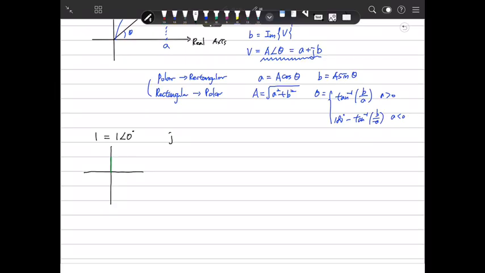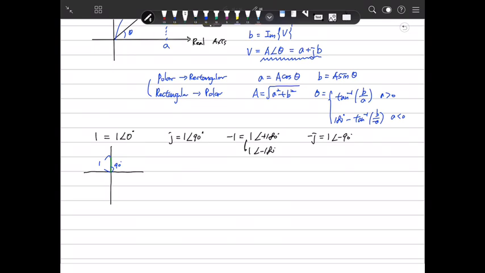The magnitude here is 1 and the angle is 90 degrees. So j can be expressed in polar form as 1 at 90 degrees. In the same way, minus 1 has magnitude 1 and angle plus 180, or magnitude 1 and phase angle minus 180 degrees. The same thing.